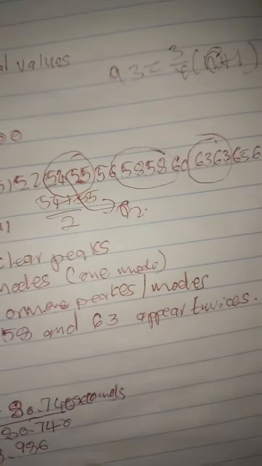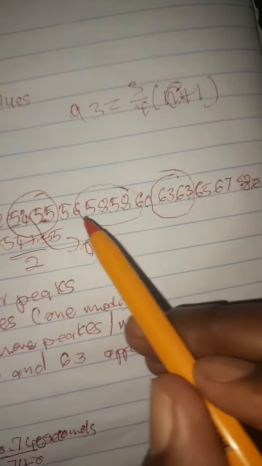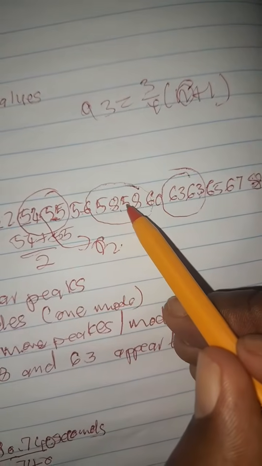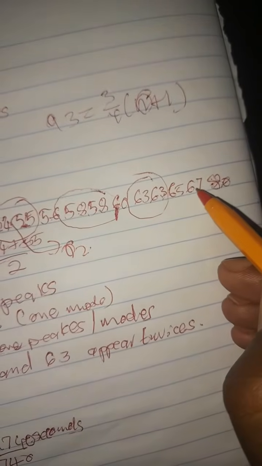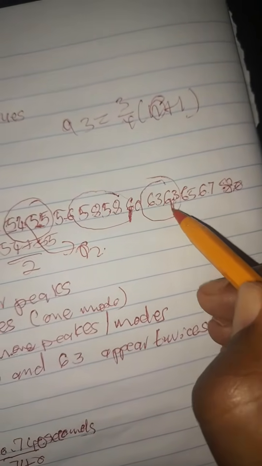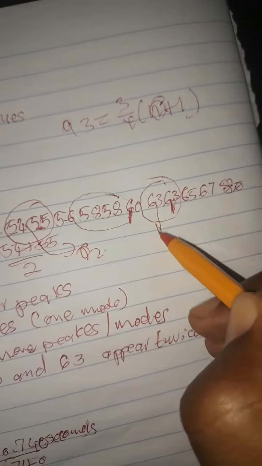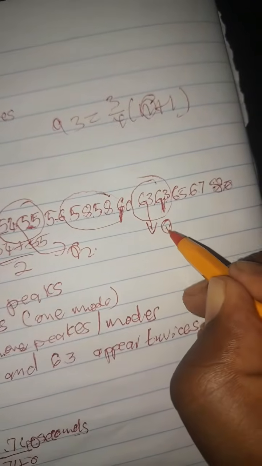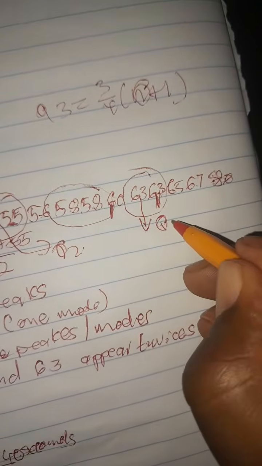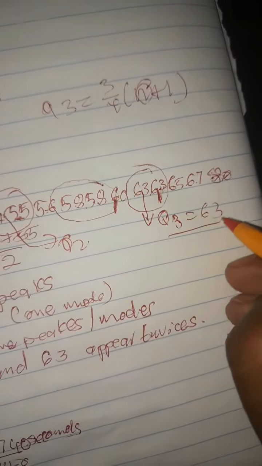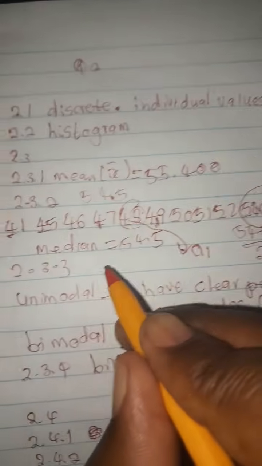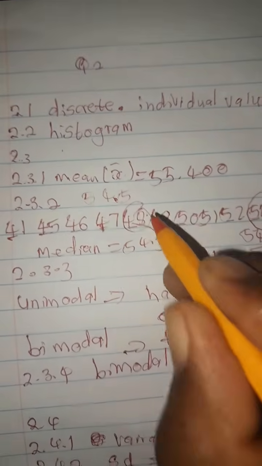Let's do the same thing here. 1, 2, 3, 4. The upper quartile, Q3, will be 63. So already we have the upper quartile is 63 and the lower quartile is 48.